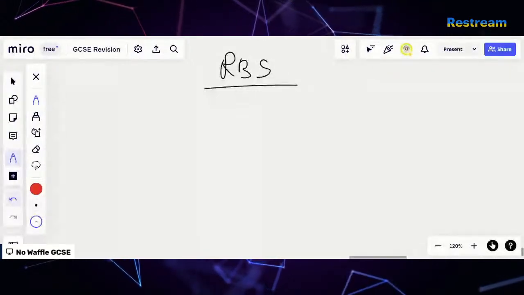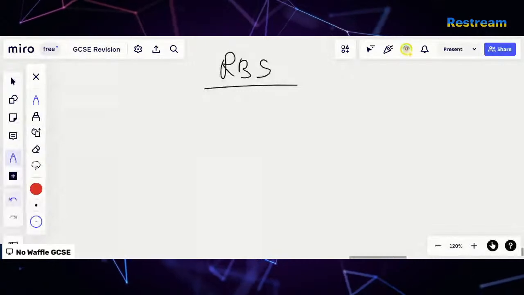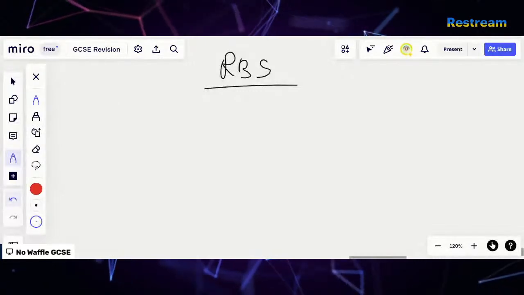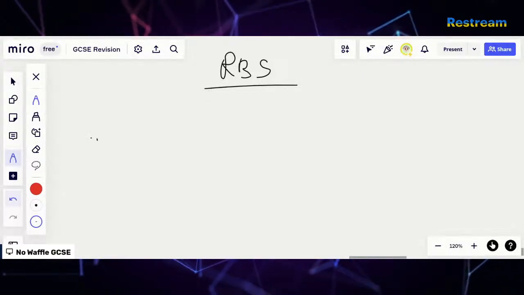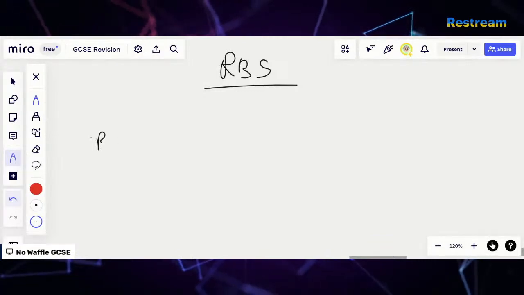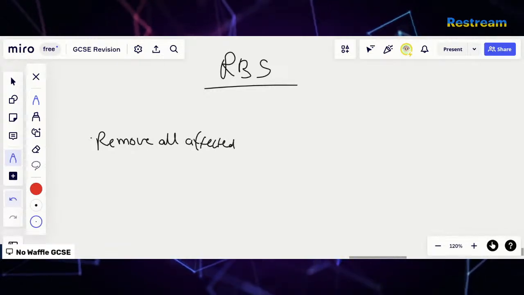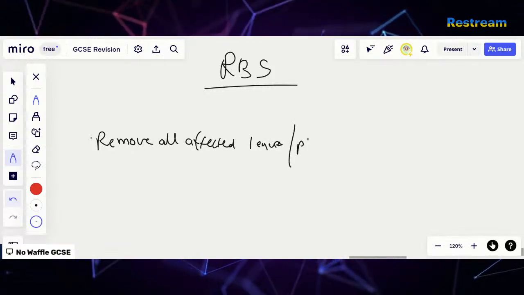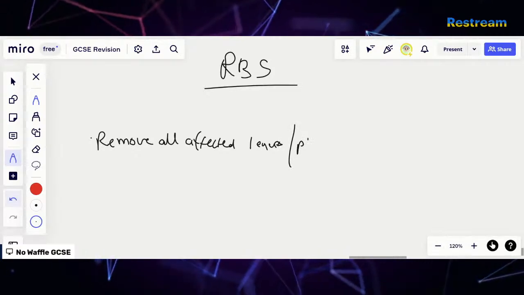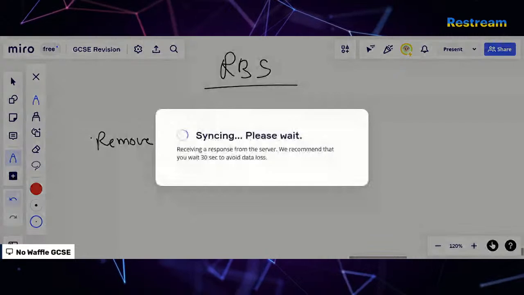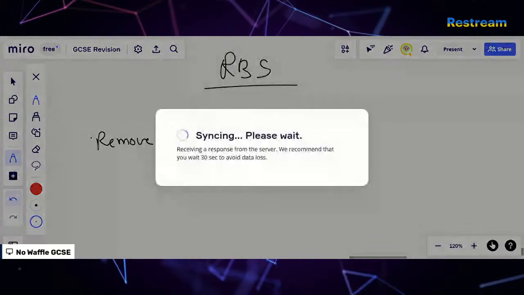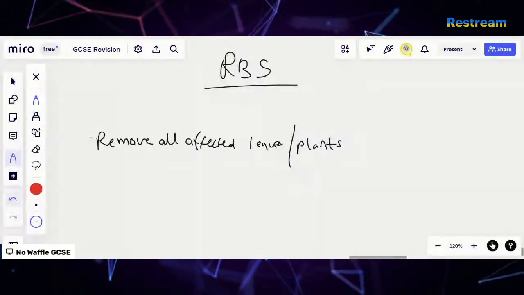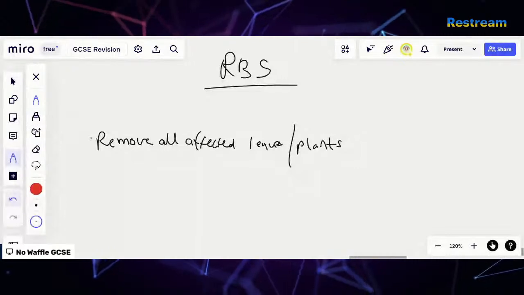Insecticides. Yep, that's really good. So insecticides. So firstly, we could say removing all of the affected leaves or plants. Okay, so removing all infected leaves and plants. Okay, thank you for the confirmation.